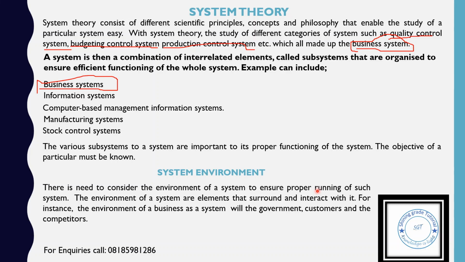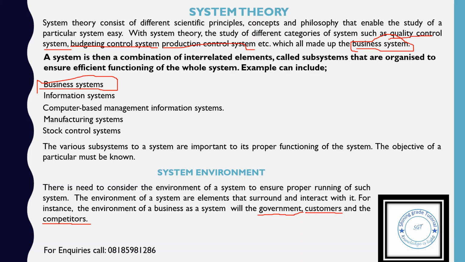Why? Because all of these, the government, the customers, the competitors, they interact and communicate with the business in determining the overall functioning of the system. So that is just the activity in a system environment.